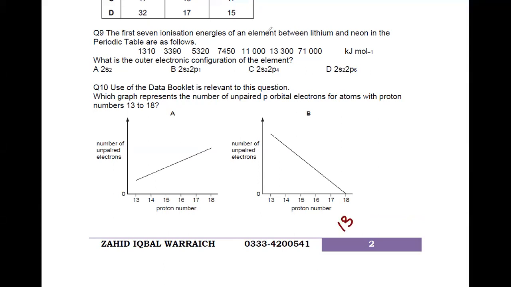Yes, aluminium. And what is 14? Silicon. Silicon, okay, correct.